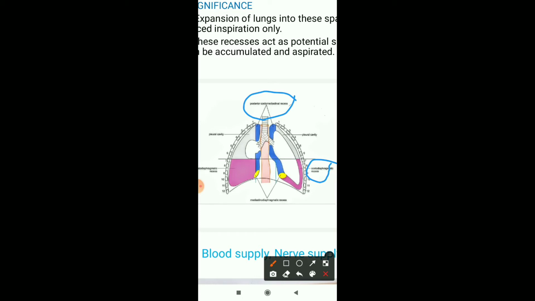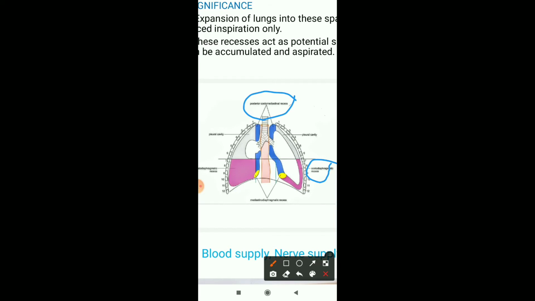Now let us look at the names. The costodiaphragmatic recess is present between the costal part of the parietal pleura and the diaphragmatic part of the parietal pleura. Similarly, the costomediastinal recess is present between the costal part and the mediastinal part of the parietal pleura.